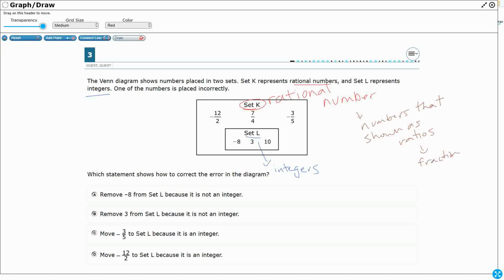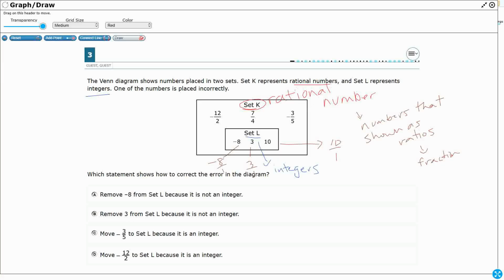So any of these numbers you see, like 3, negative 3/5 is a fraction, 7/4 is a fraction, negative 7/12 is a fraction. Even these numbers in set L, since integers are part of a rational number, you can make 10 a fraction if you make it 10 over 1, or 3 over 1, or negative 8 over 1. So you can always make an integer into a fraction, okay?